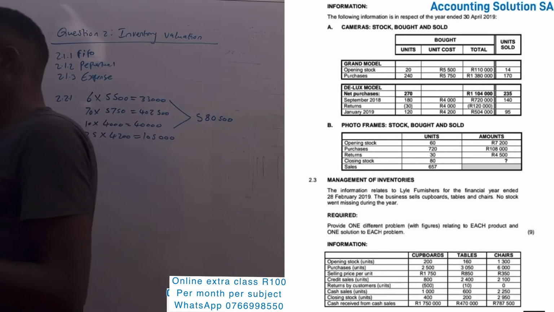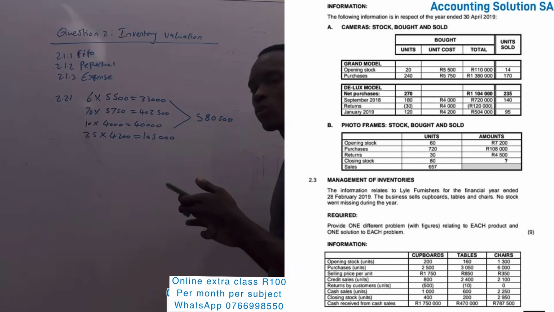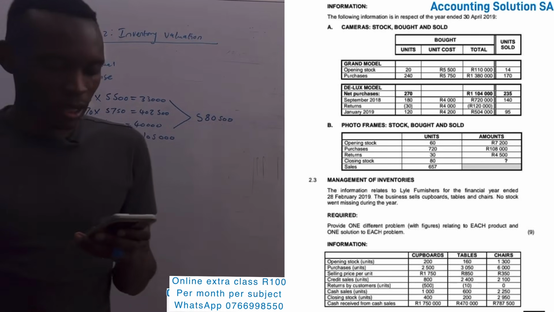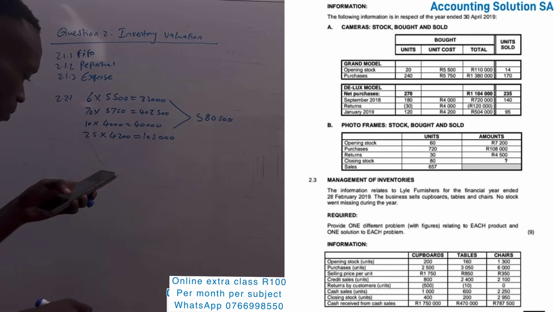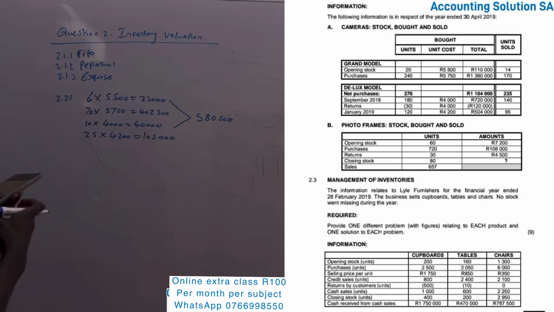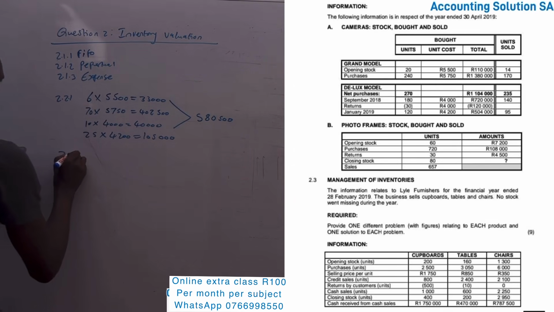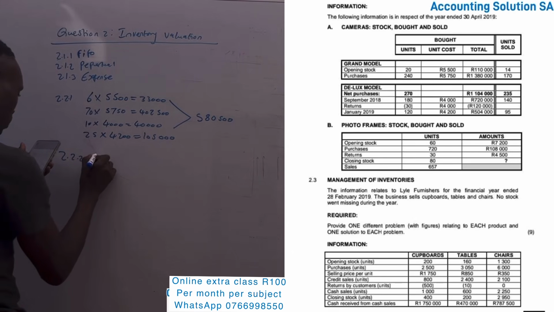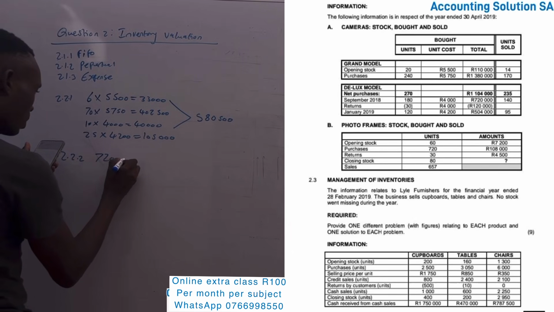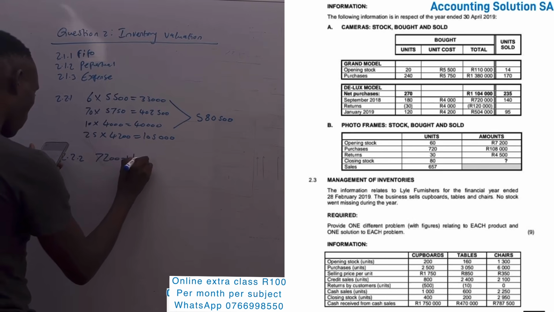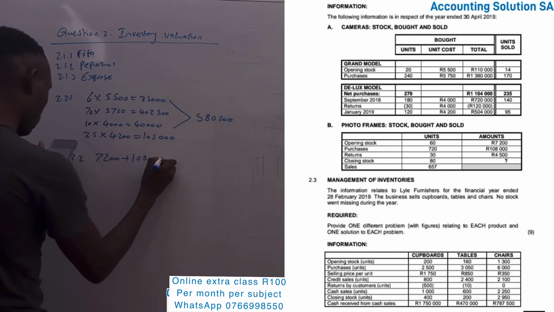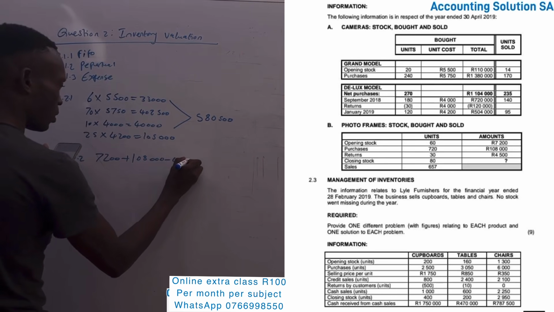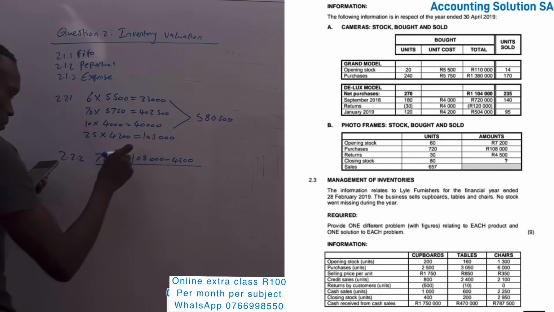Okay, now how are we going to calculate this one? Very simple. Okay, let's look at the information that they provide to us. Photo frame number B, 2.2.2. We take opening of 7,200 plus purchase of 108 minus a return of 4,500, and we divide by its units.